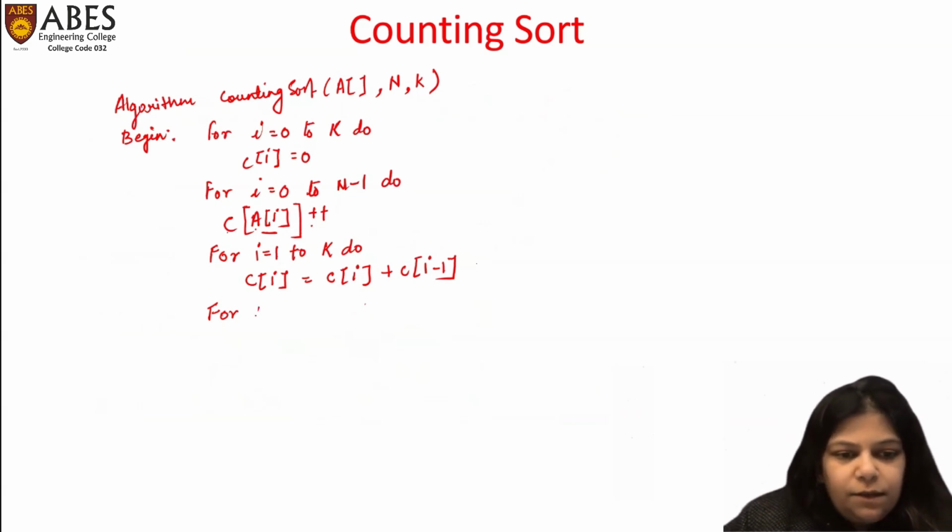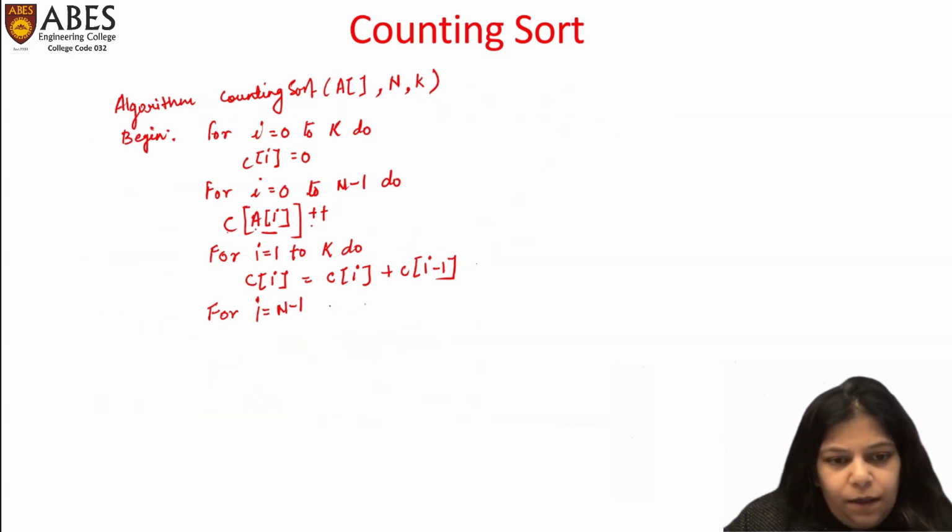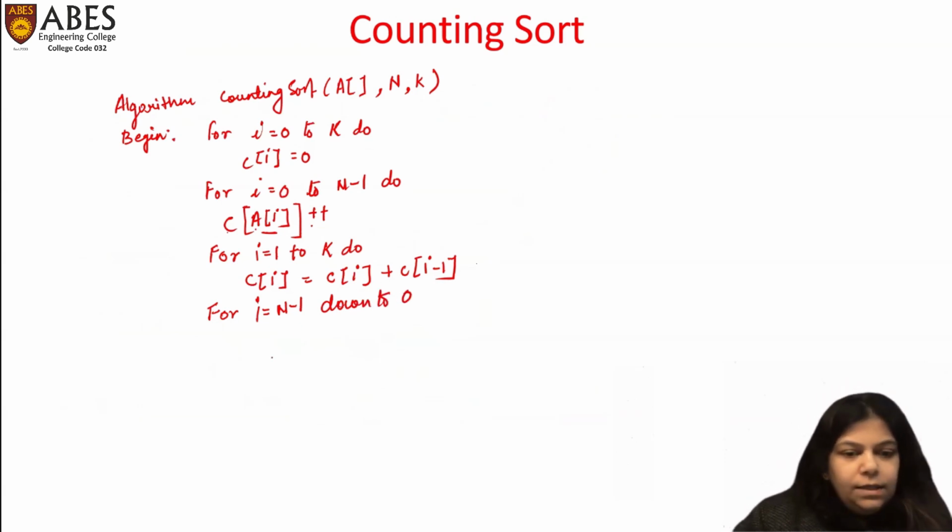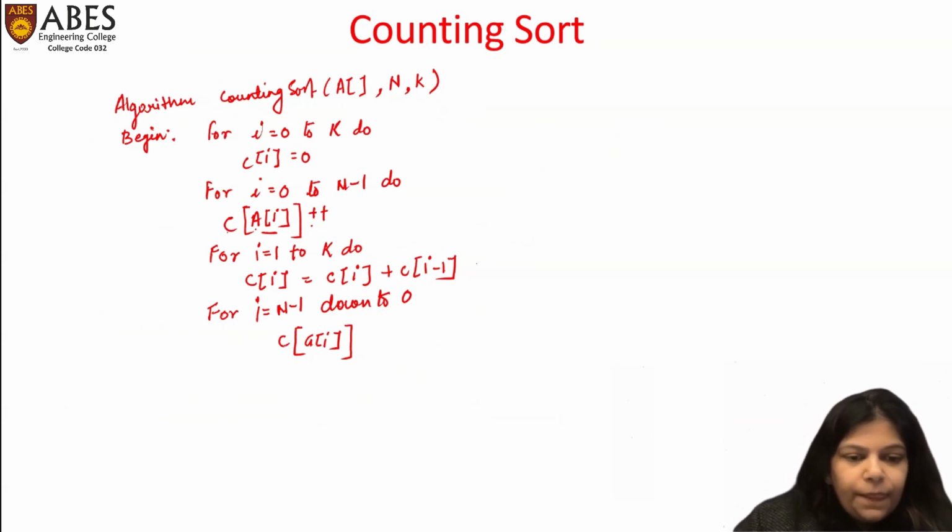So here we will start the value of i from n minus 1 down to 0. And what we have to do? We have to take A[i] and make this A[i] the index of C. That means we look at this element as the index of C. Then, whatever value we get, we have to decrement it by 1, as here we are storing the values from 0.